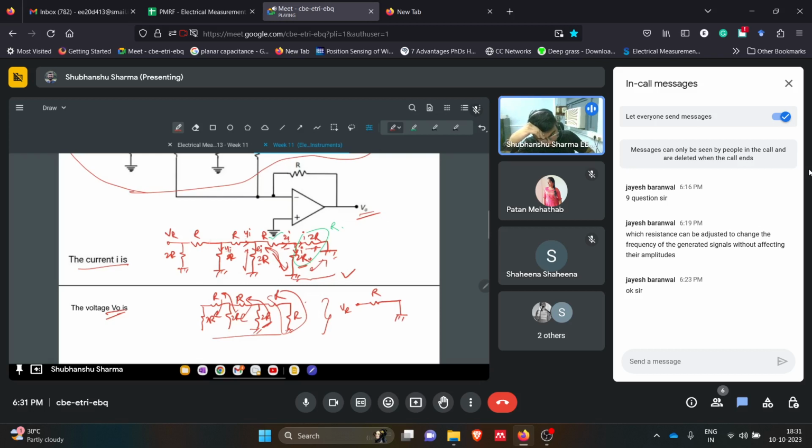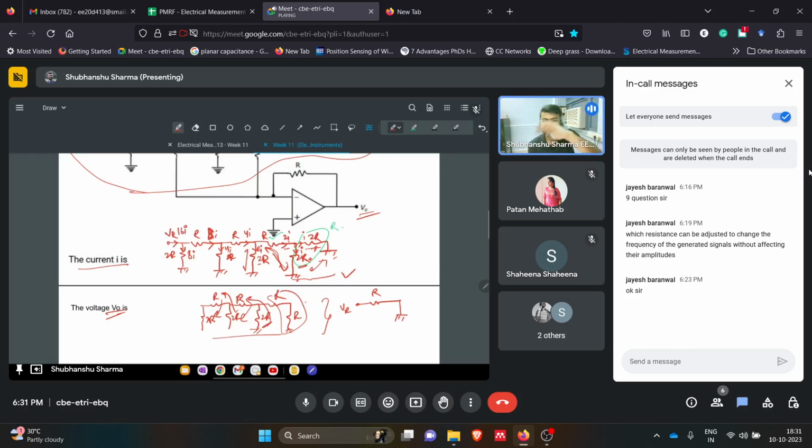So total coming inside is 16I. Sorry, 8I. Here also the same logic, 8I and 8I. So total from the input side it will be 16I.